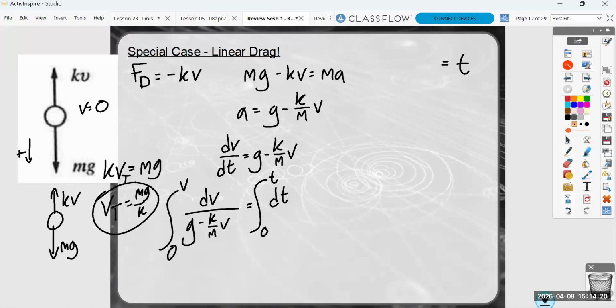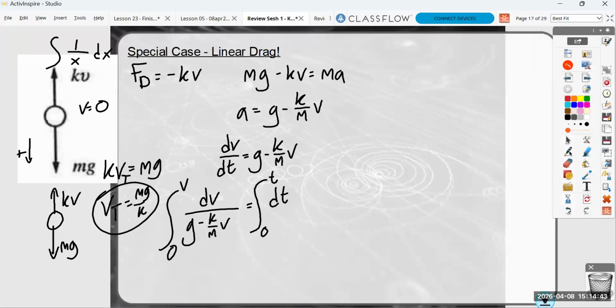Now my left side looks a little funky, but if you squint, we have a dv on top and some stuff related to v on the bottom. Like if you imagine an integral like 1 over x dx, that's an integral everybody knows. That is the natural log. So we're going to do a thing that might give other calculus teachers some bother: we're going to sort of eyeball the chain rule here.